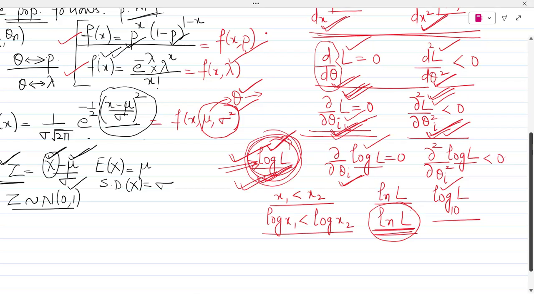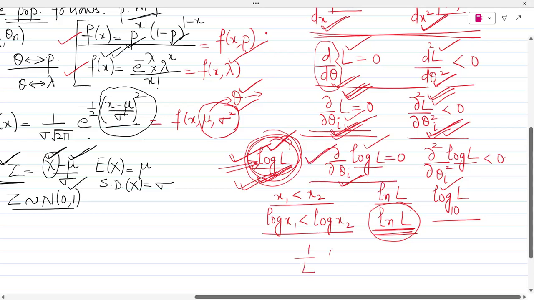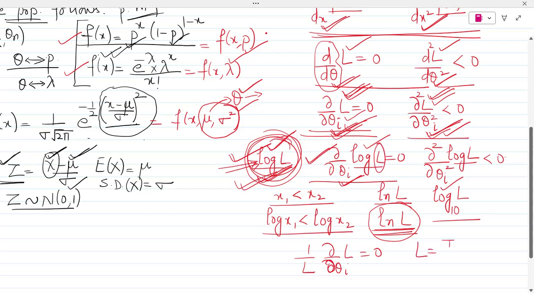Now, if you look at this equation, it will give you 1 by L times the partial derivative of L with respect to theta i equal to 0. Because L is a function of theta.